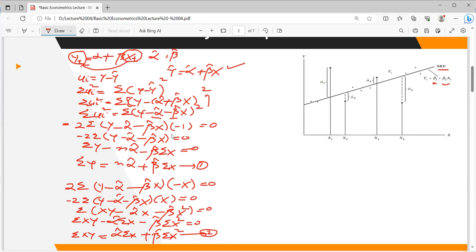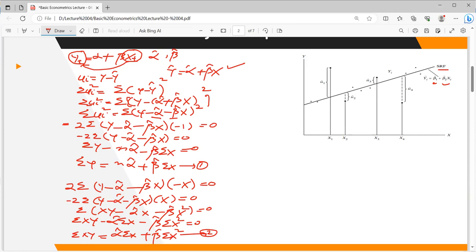So you have made the two normal equations. By solving these two equations, comparing equation 1 and equation 2, and by the cancelling method, we can derive the value of beta estimated.